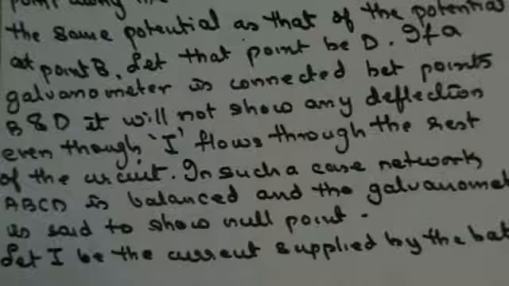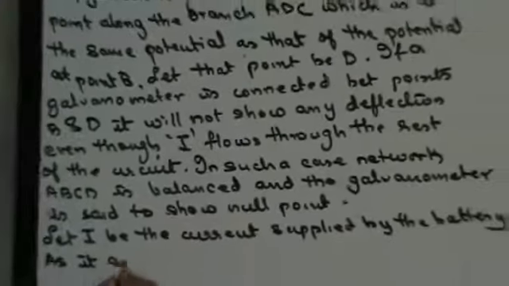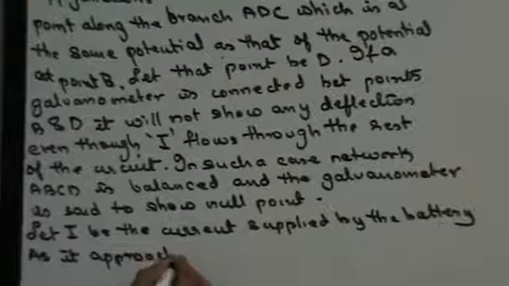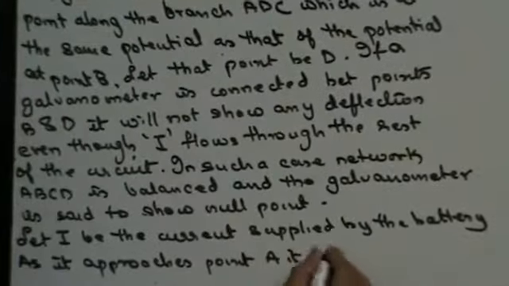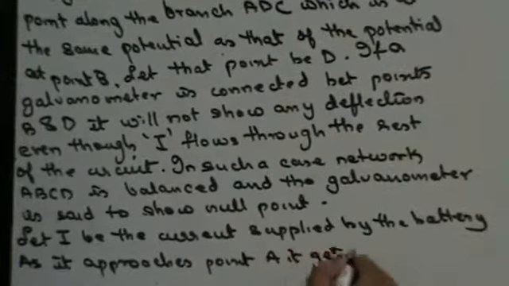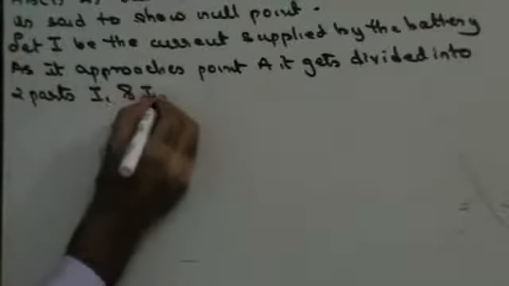Now, as it approaches point A, it gets divided into 2 parts, I1 and I2. Now, current I1 flows through R1 and current I2 flows through R3, right?